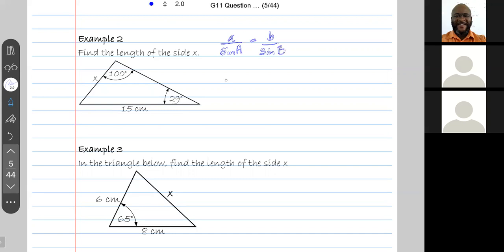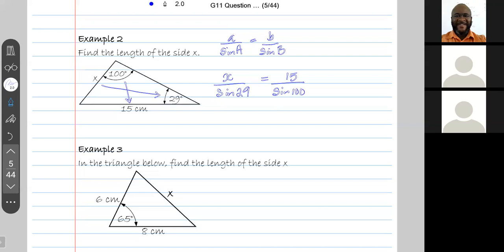So what I want is X, the length of the side, X over the angle in front of X is 29 degrees. So it's over the sine of 29 degrees. Now, the next side I have is 15 over the sine of the angle in front of 15, which is 100 degrees.